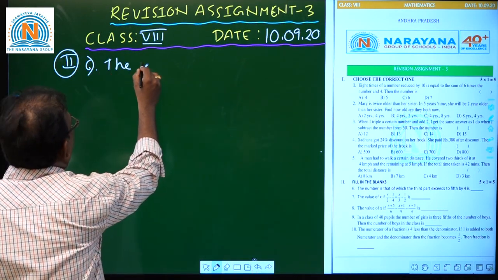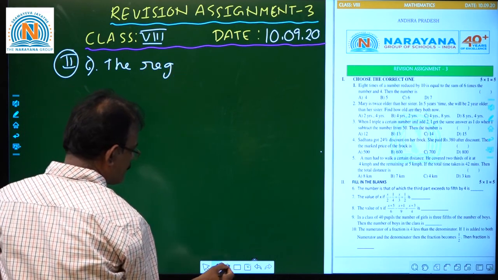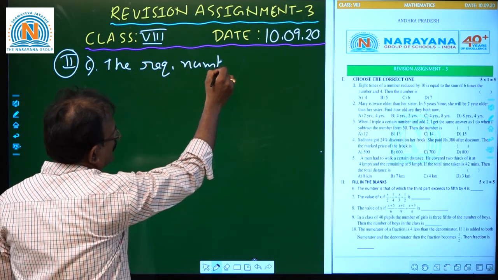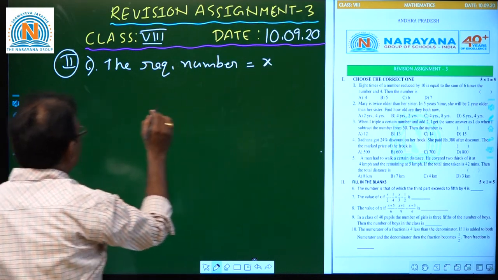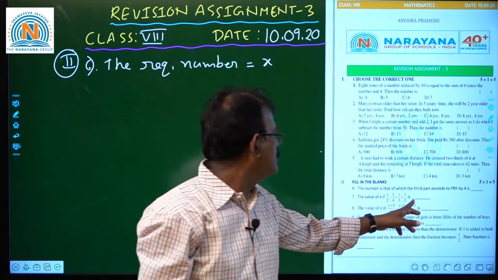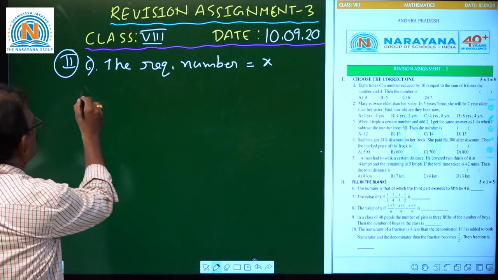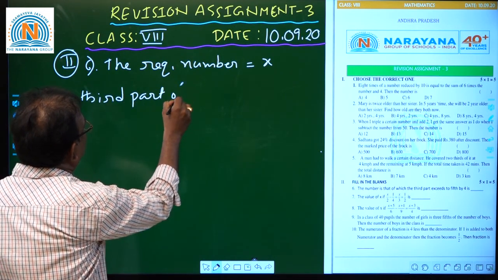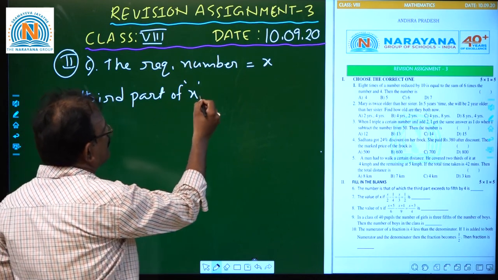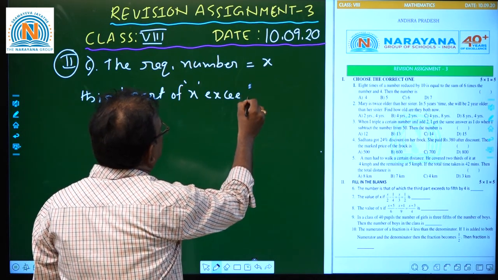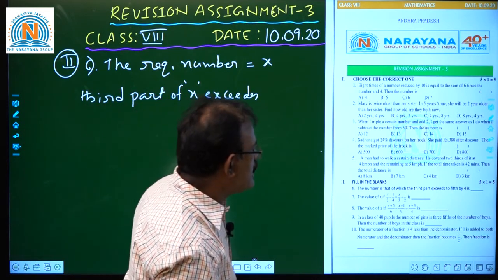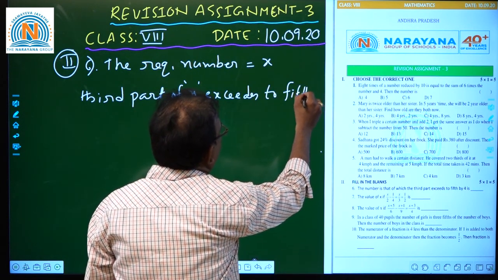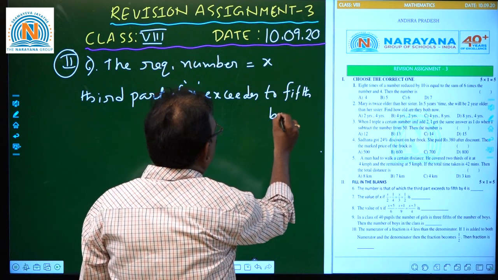Let the required number be x. Then what is given? The third part of x exceeds its fifth part, F-I-F-T-H, fifth, by 4.